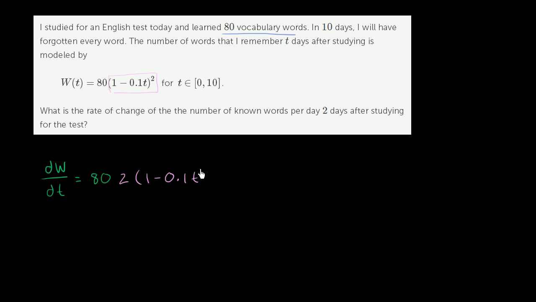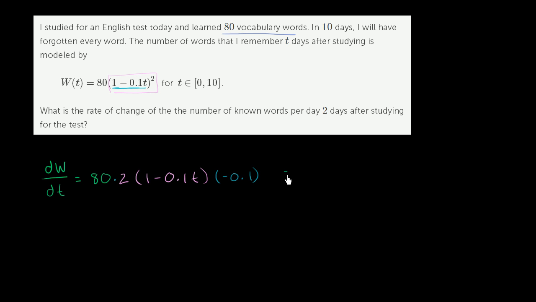And now I can find the derivative of the inner expression with respect to t. That's just going to be 0 minus 0.1, so negative 0.1.